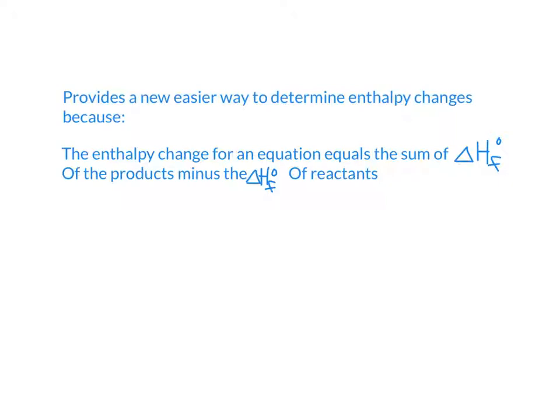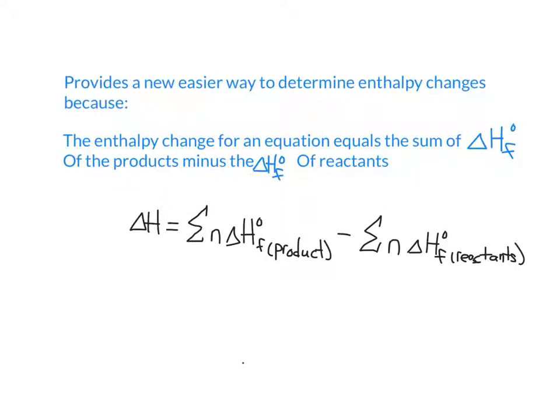So our standard enthalpy of formation provides a new and easier way to determine enthalpy changes. This is because the enthalpy change for an equation equals the sum of the standard enthalpy of formation of the products minus the standard enthalpy of formation of the reactants. Mathematically, it looks like this.